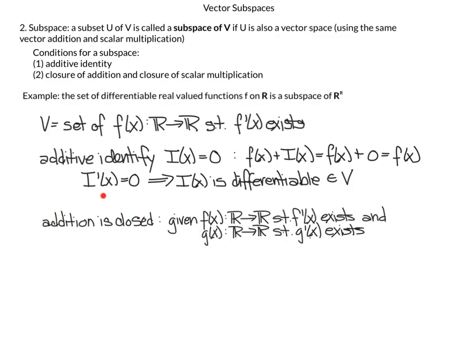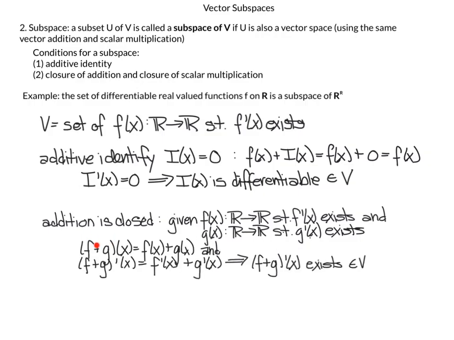Next, we need to show addition is closed. So I'm going to be given f of x, a function going from R to R where f prime exists, and then I'm going to have g of x going from R to R such that g prime of x exists. Now I can consider adding these two functions f and g. So (f plus g) of x is just equal to f of x plus g of x. Now I can take the derivative (f plus g) prime of x.